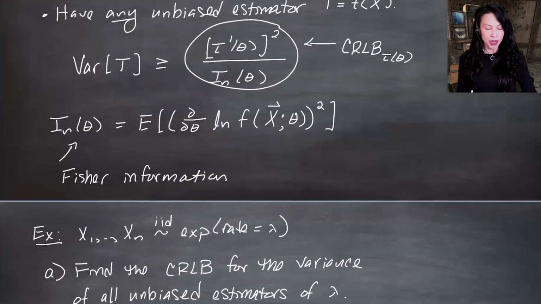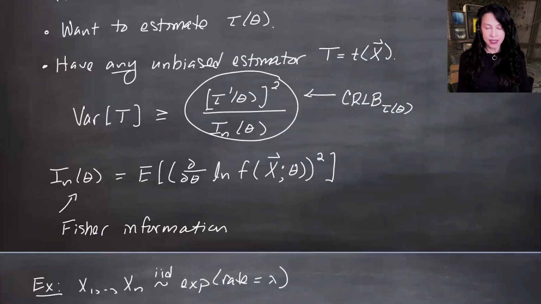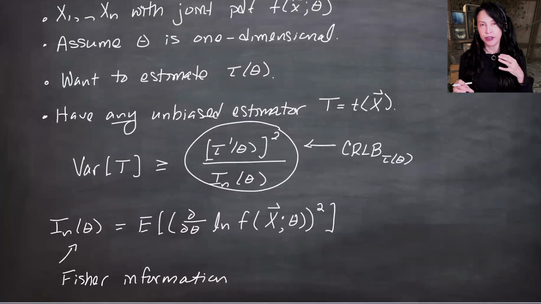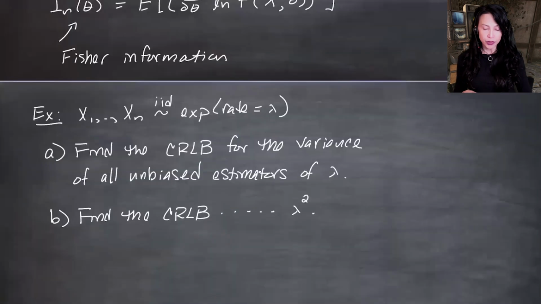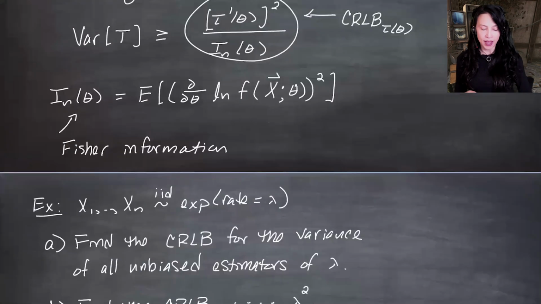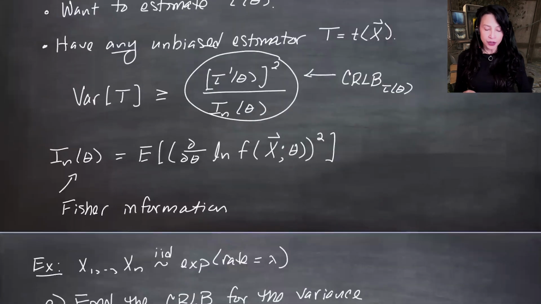I want to just remind you that Fisher information is, there's a whole subject called information theory, but the thing for you to remember here is that if you look at the circled Cramér-Rao lower bound, the tau function only appears in the numerator. And in my example, we have two different tau functions. And so part B is actually going to be very quick, a very short problem once we've done all the work in part A. And then the denominator contains all of the information about the data.